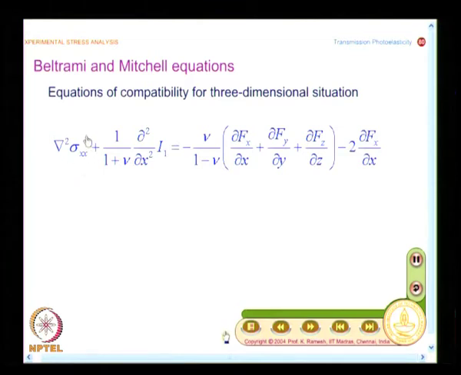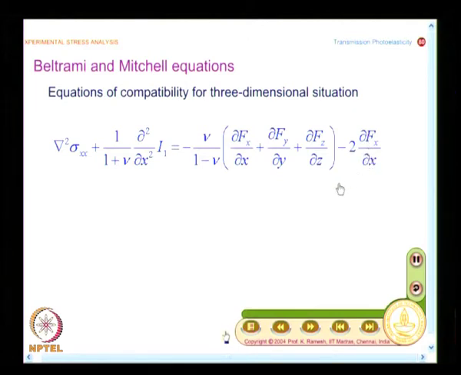So, I have this as del squared sigma xx plus 1 by 1 plus nu, dou squared by dou x squared of I1, where I1 is the first invariant, equal to minus nu by 1 minus nu times (dou fx by dou x plus dou fy by dou y plus dou fz by dou z) minus 2 times dou fx by dou x.